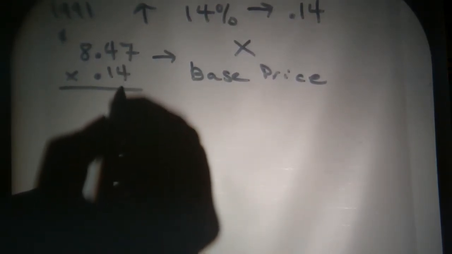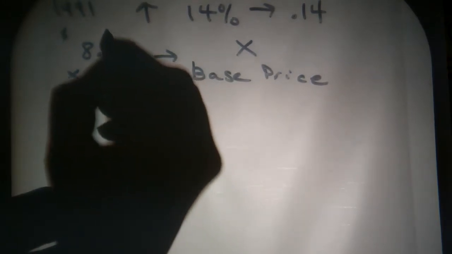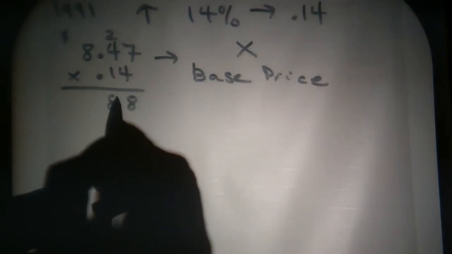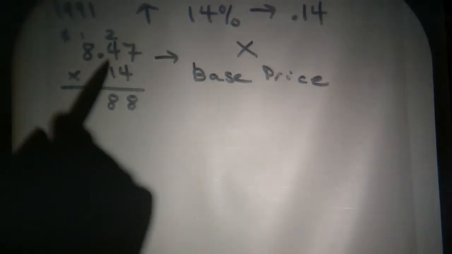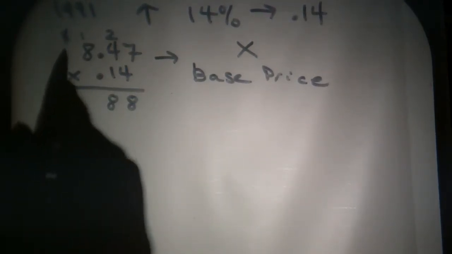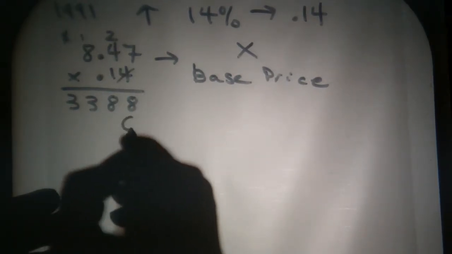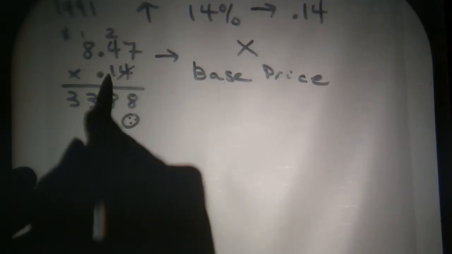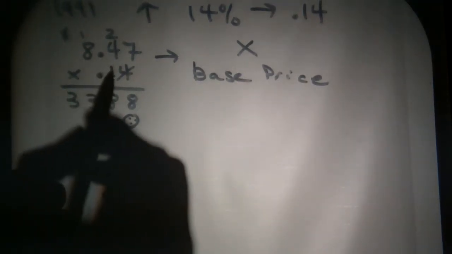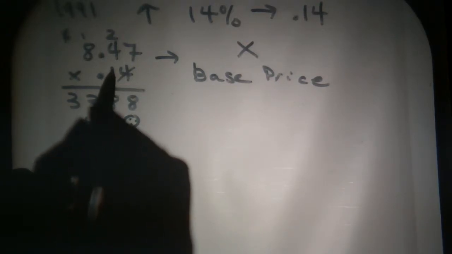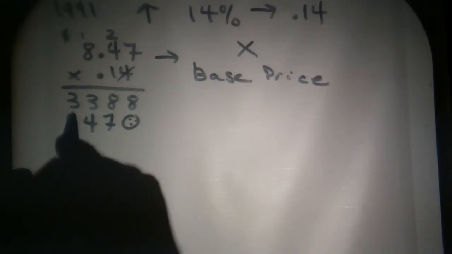Alright, 4 times 7 is 28. 4 times 4 is 16, plus 2 is 18. Carry the 1. 4 times 3 is 12, plus 1, 13. Okay, 4 is tired, he's going to sleep. But 1 still has to visit with his upstairs neighbors. So 1 times 7 is 7. 1 times 4 is 4. 1 times 8 is 8.